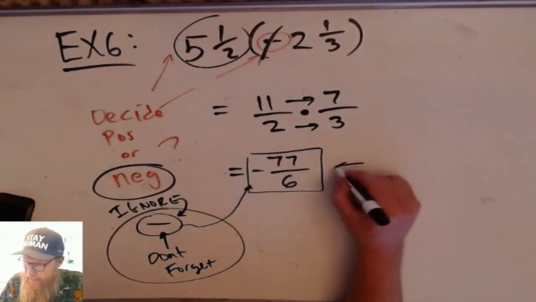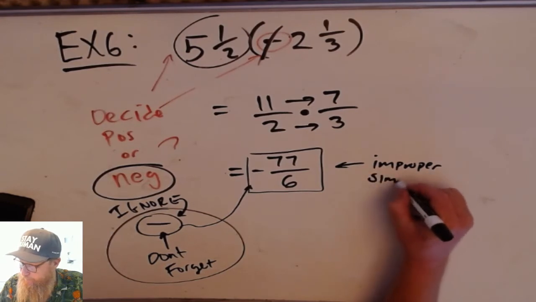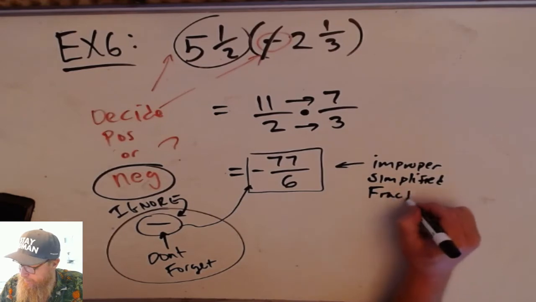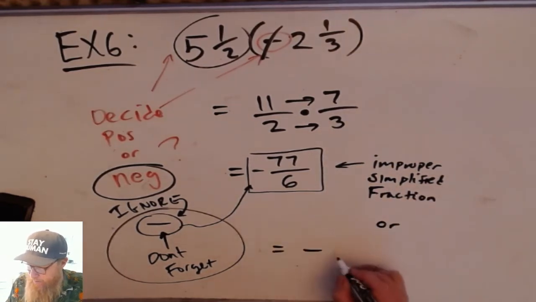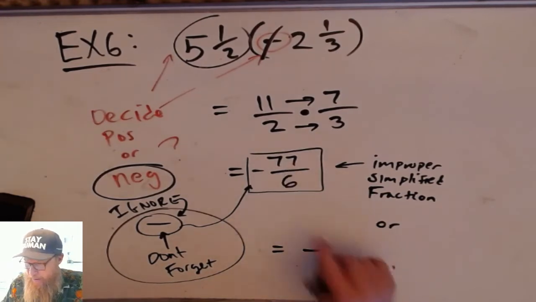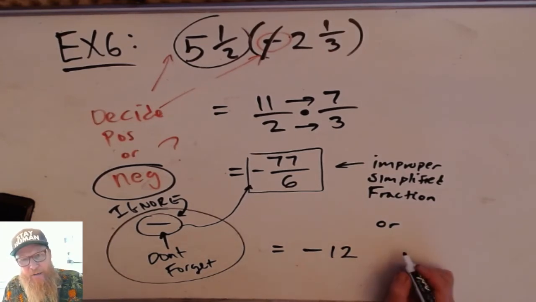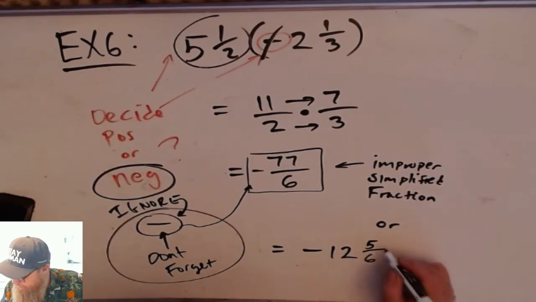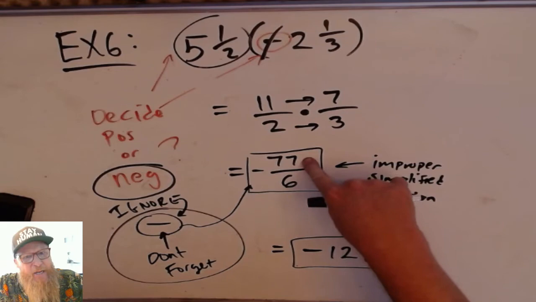So this would be an improper fraction. It is simplified. Or 6 goes into 77 12 times with a remainder of 5. 6 goes into 77 12 times. 12 times 6 is 72.